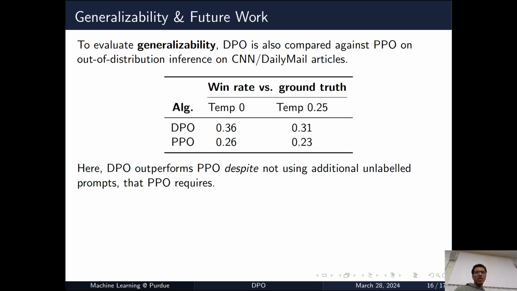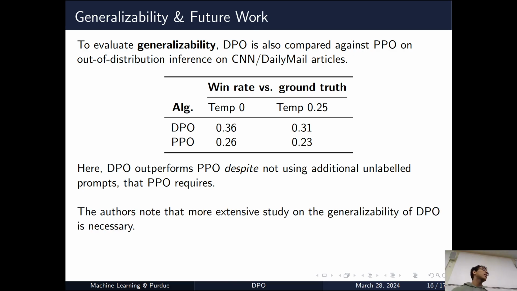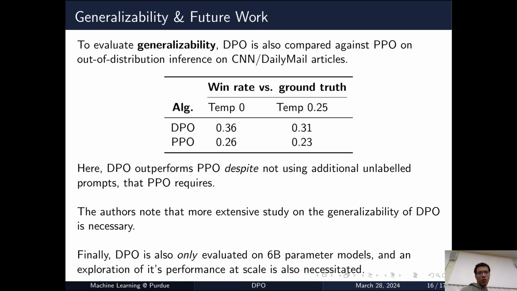For generalizability, they also compared against PPO on out of distribution inference, and even in that case it outperforms PPO. And they say that a more extensive study on the generalizability of DPO is required, as well as the scaling of DPO, since it was only evaluated on 6 billion parameter models. So an exploration of its performance at scale is also necessary.